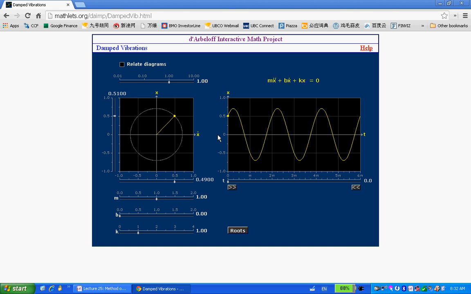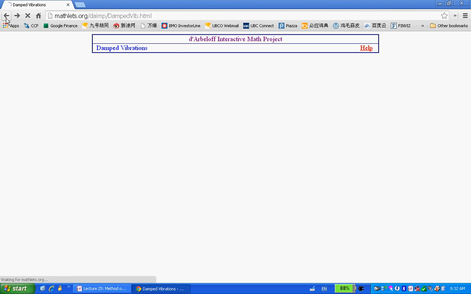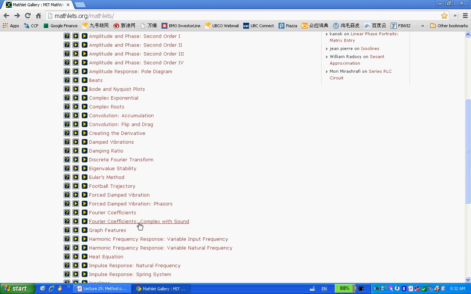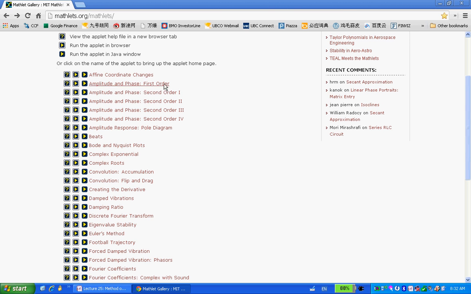There are a few more there. There's a forced damped vibration, which I will talk about in the next lecture. There is also a diagram here for checking the amplitude and phase.